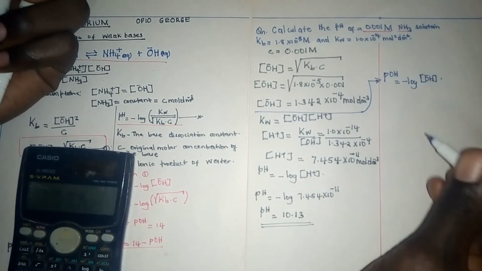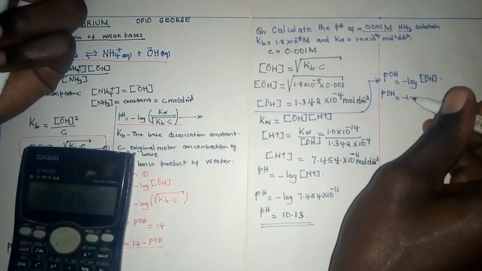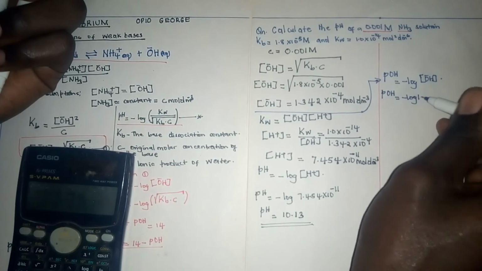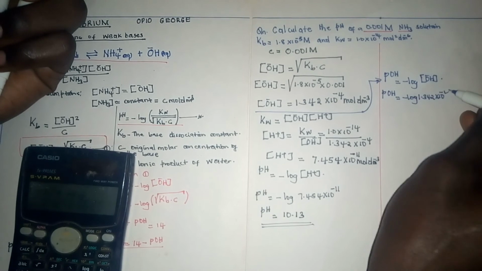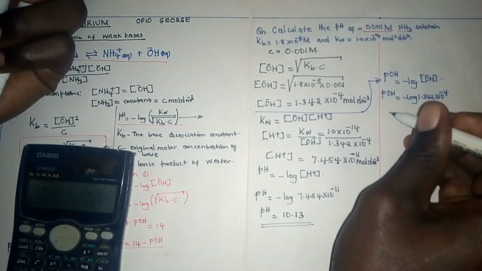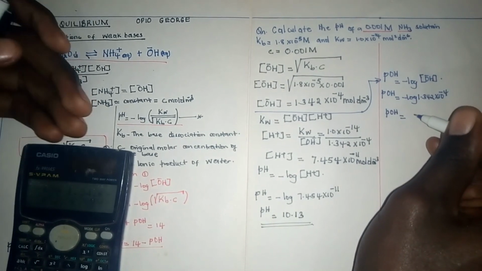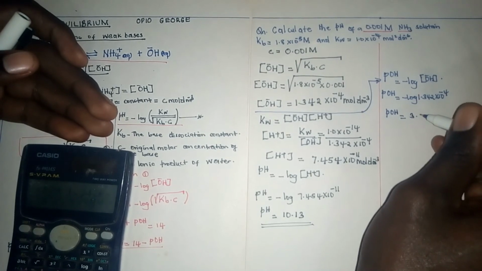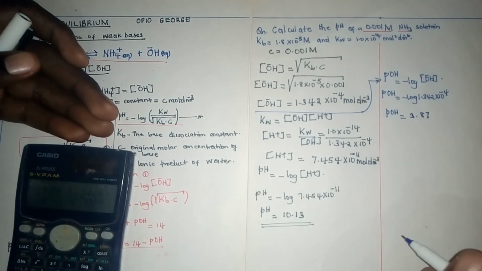Then we obtain our pOH. pOH is given by negative log of 1.342 exponent negative 4. We obtain the pOH as 3.87. That is our pOH.